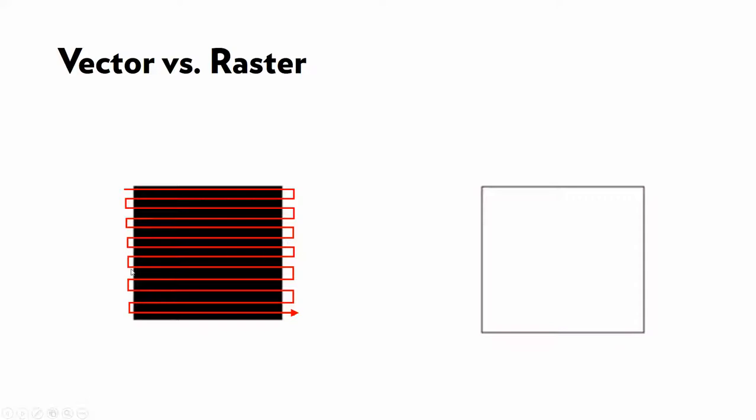It'll take a bit of time because the laser has to touch every spot this black square has. But if we're doing a vector, then the laser just travels along the edges of that vector. And you can see in this case, a vector would be much faster than rastering across the entire image.